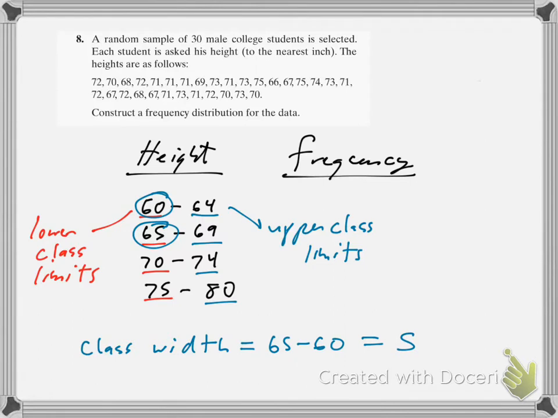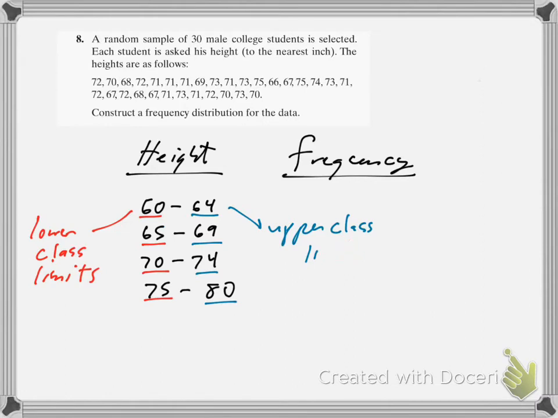So you subtract, and notice it's consistent, 75 minus 70 and 65 minus 60. So that is some terminology of lower class limits. There are 1, 2, 3, 4 lower class limits, there are 1, 2, 3, 4 upper class limits, and the class width is 65 minus 60, or I could have done 70 minus 65. There are a lot of different ways I could do this. So I'm going to erase all that, get through that, okay?